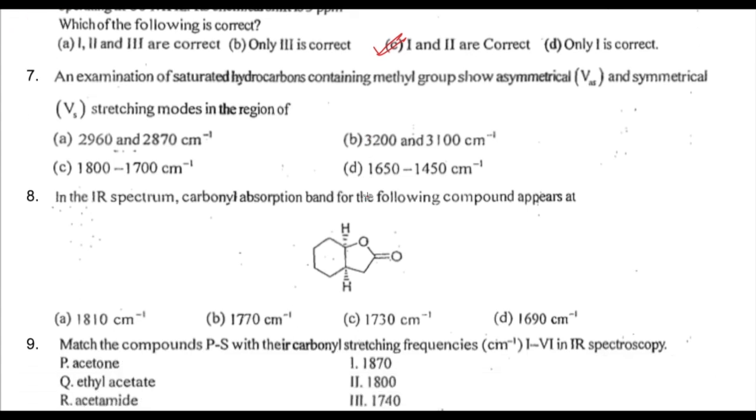Let's go to the next question. It says that an examination of a saturated hydrocarbon containing a methyl group shows symmetrical and asymmetrical stretching bands in the region of. Now this is a direct question. We all know where saturated hydrocarbons containing a methyl group give the symmetrical and asymmetrical stretching of the methyl group.